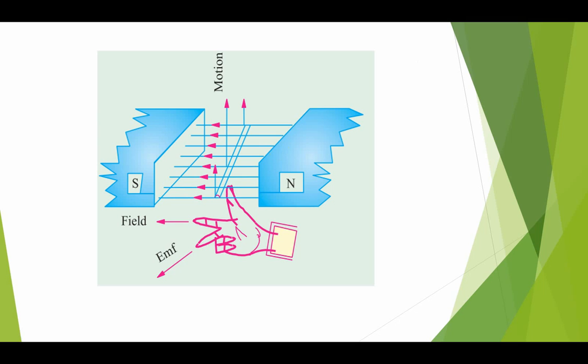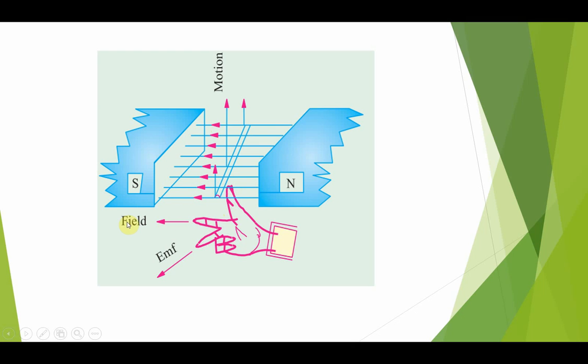This is the right-hand rule. Here are the magnet's North Pole and South Pole. Here is a conductor. These are the magnetic field lines, and the conductor has motion in this direction.